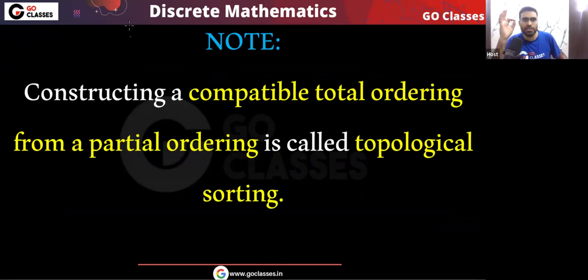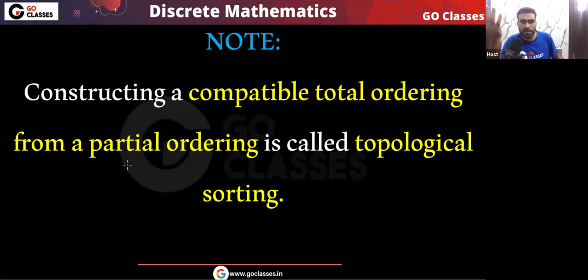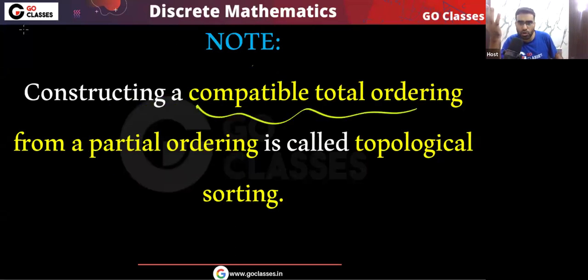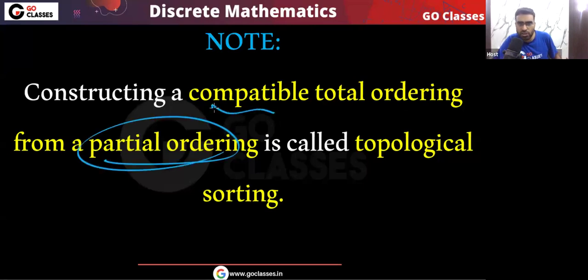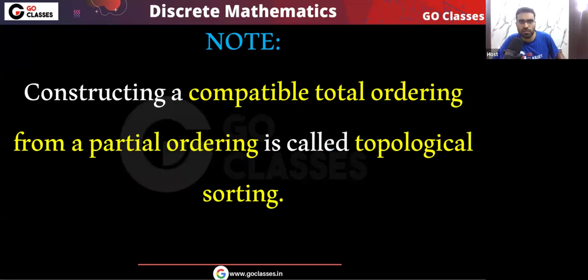With intuition, I am teaching you this concept. Will you ever forget this simple concept? If I give you a partial order and ask you what is a compatible total order, that is the same as finding the topological order. So this is the note.